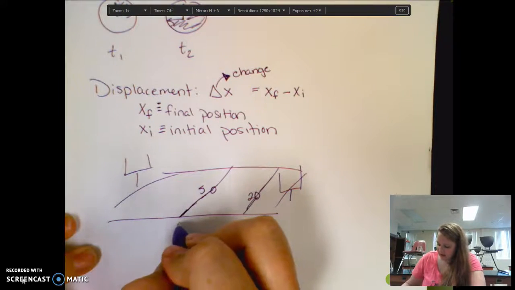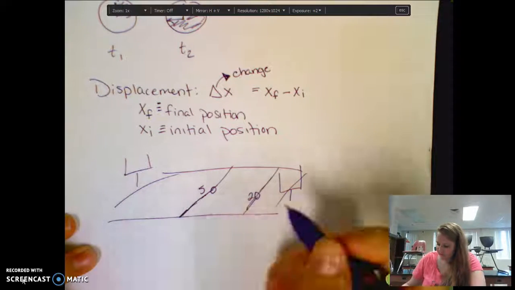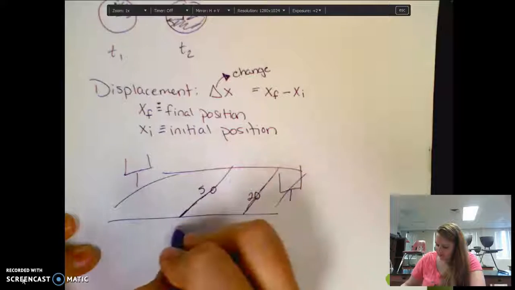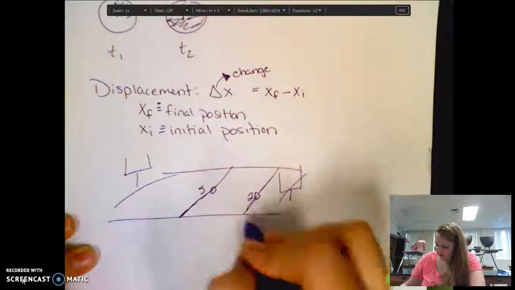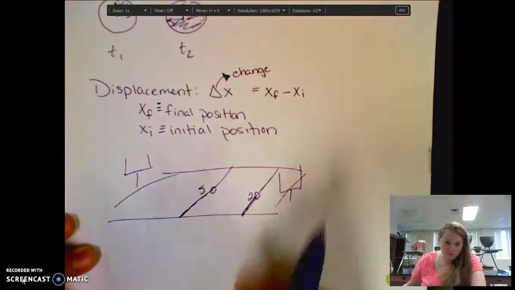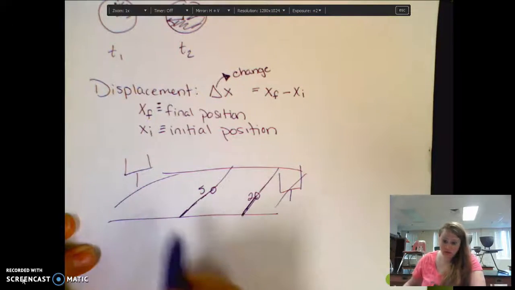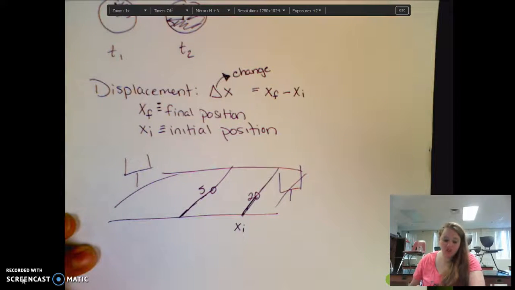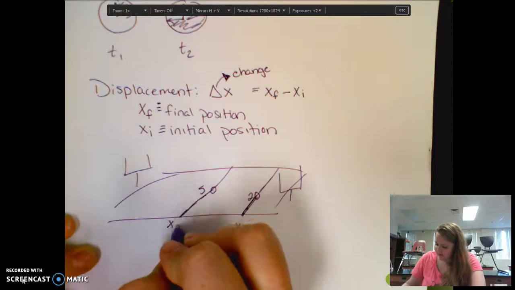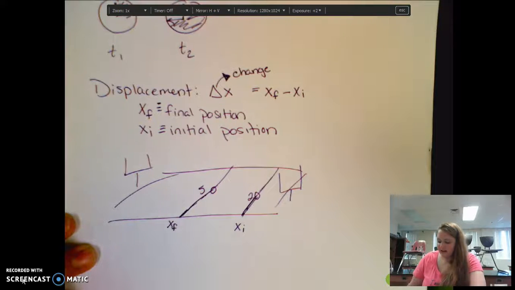Let's say we start at the 20 yards. We're going to start at the 20 yards for some reason. The ball is moving from 20 yards to 50 yards. So, that is my initial position. This is my final position.